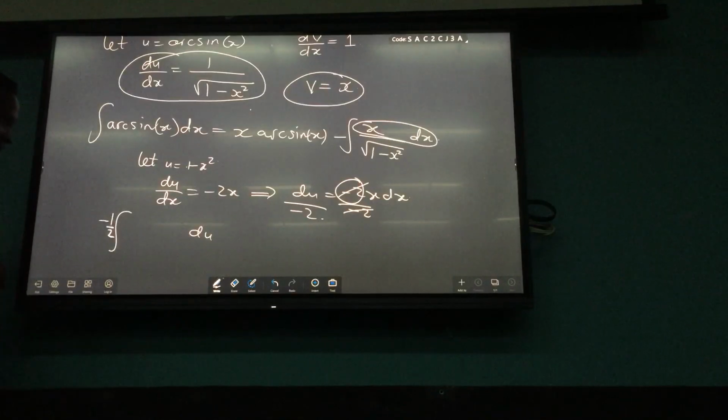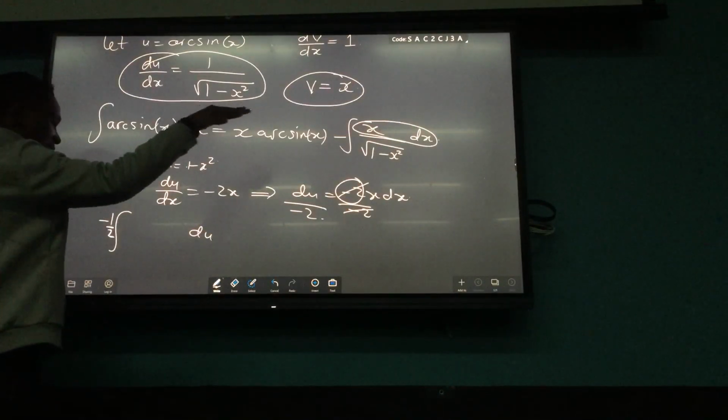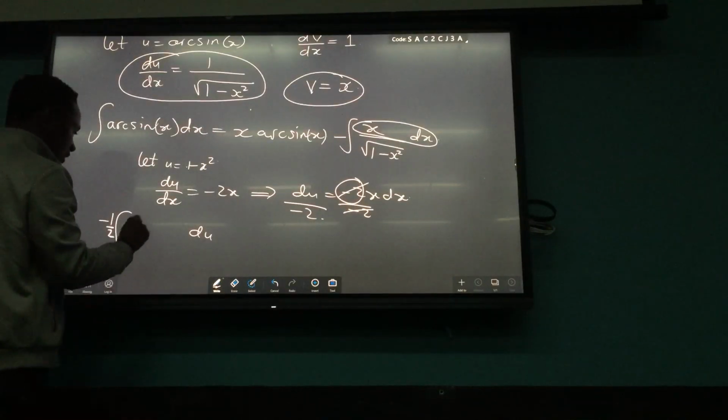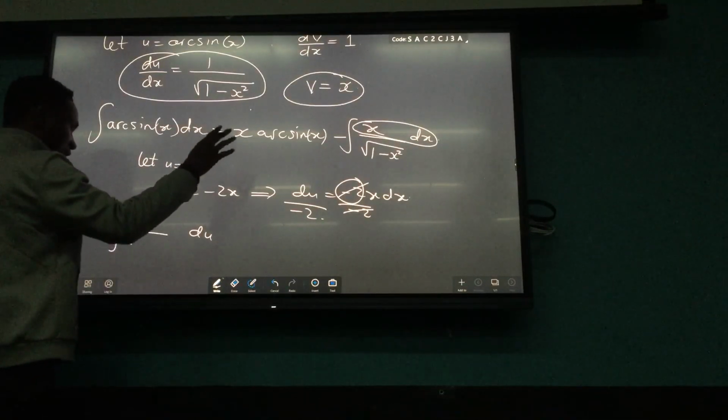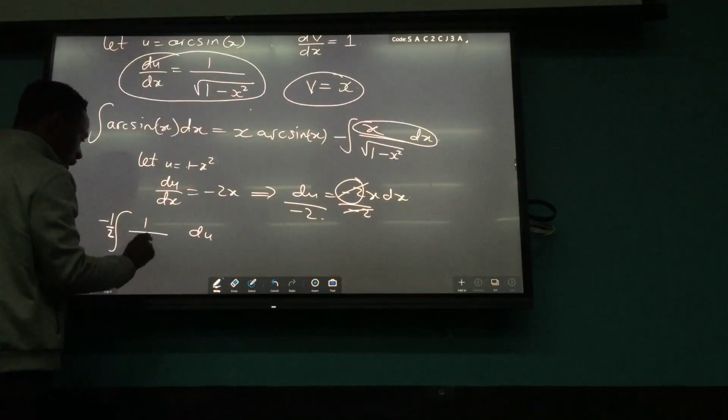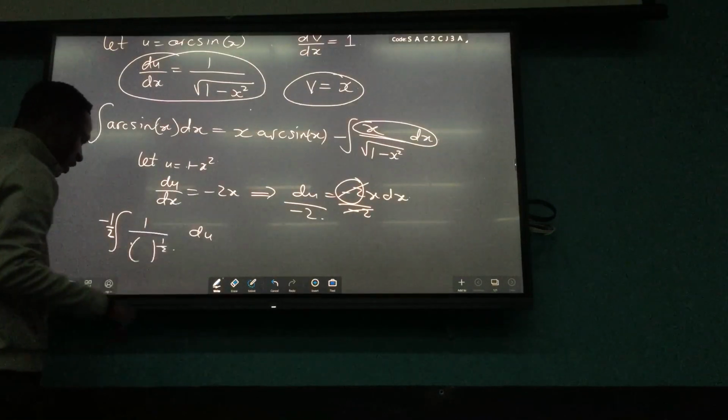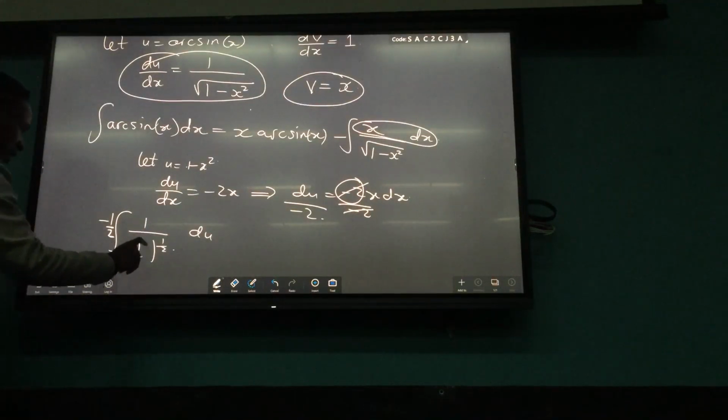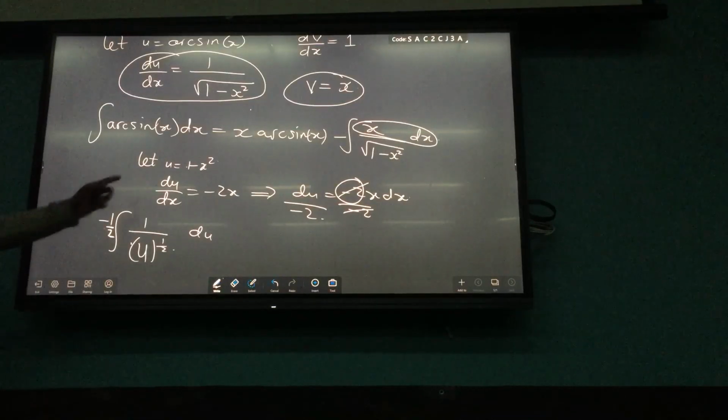This here is minus du over 2. Then we no longer need to write the x dx. We can then write 1 over. The square root means also to the power half, so we can just put it as to the power half. Then inside there we can put u, because we said u is equal to 1 minus x squared. That's what's being raised to the power half.